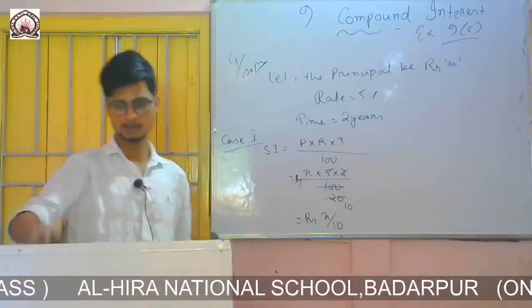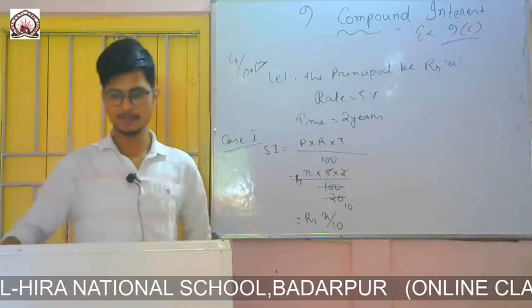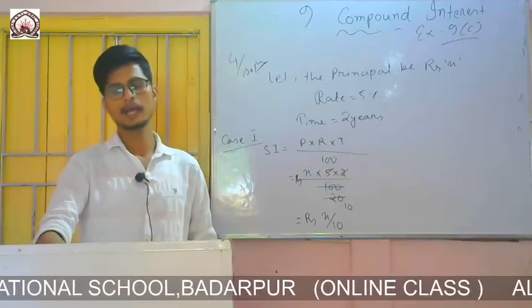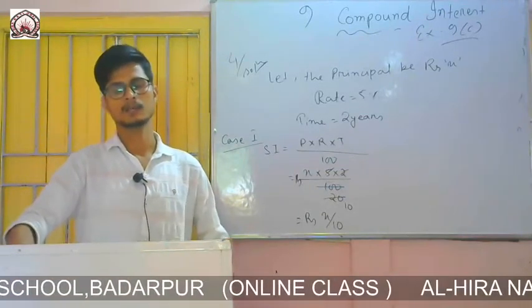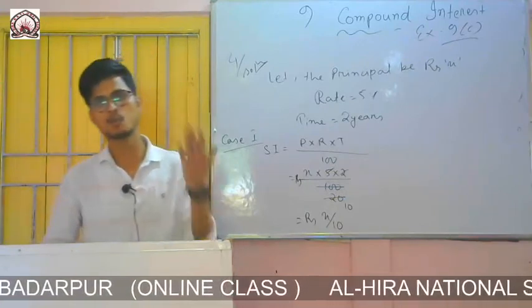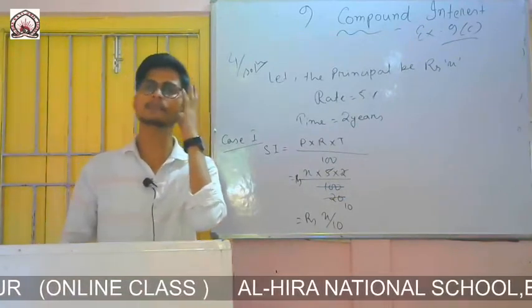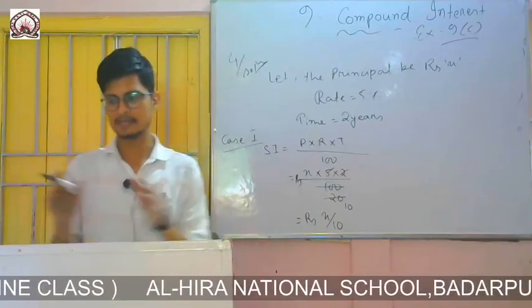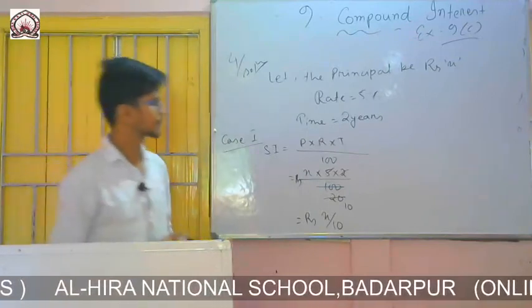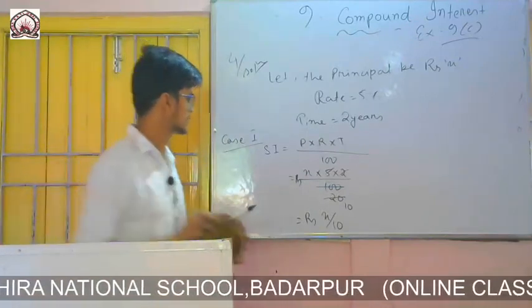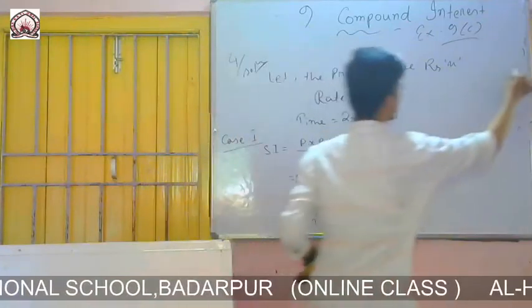Now we will find the compound interest. So we know the formula of compound interest. It is CI equals P into 1 plus R by 100 to the power n minus 1, and this thing in one bracket. Okay, so this is our case 1.